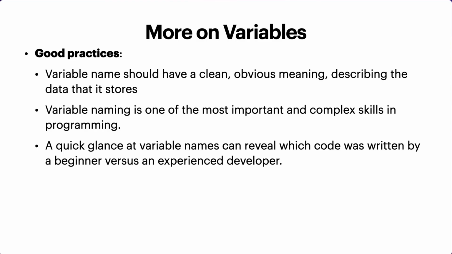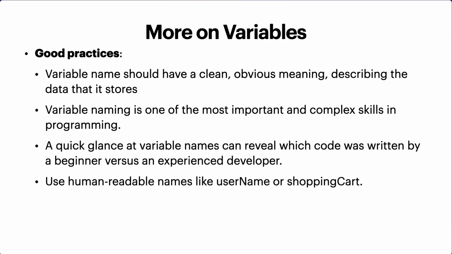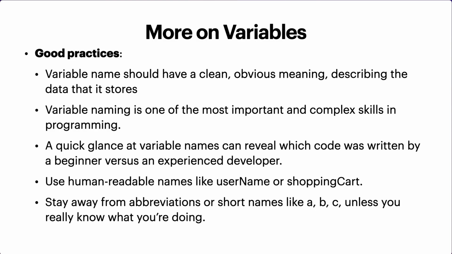A quick glance at variable names can reveal which code was written by a beginner versus an experienced developer. Use human-readable names like username or shoppingCart and all that. Stay away from abbreviations or short names like abc. Stop using variable names like abc that don't have any meaning, unless you really know what you're doing.